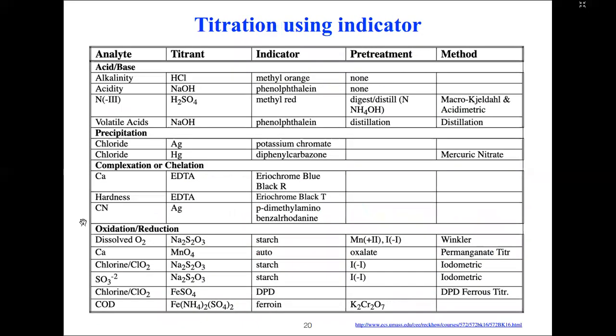So these are some of the indicators you can look into. You don't have to memorize. In acid-base, there are methyl orange, phenolphthalein, and methyl red, shown for the analyte and the titrant. For precipitation, there are also indicators indicated. There are also complexometric titrations and oxidation-reduction reactions.